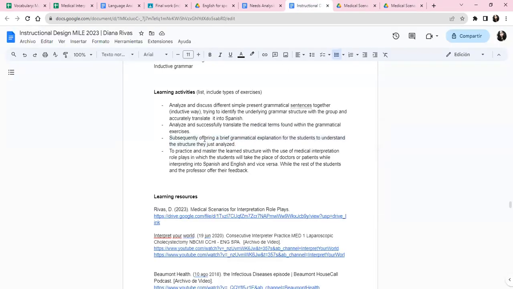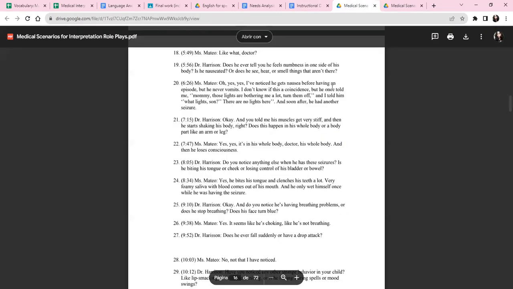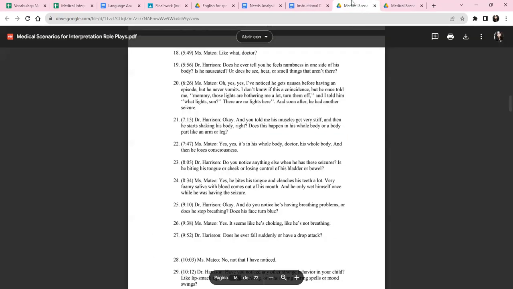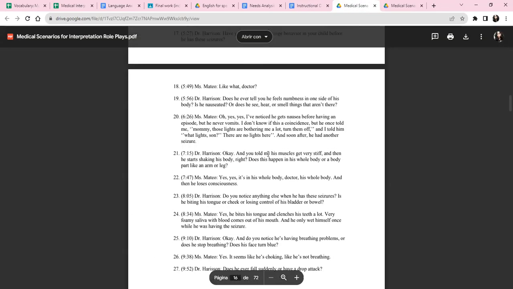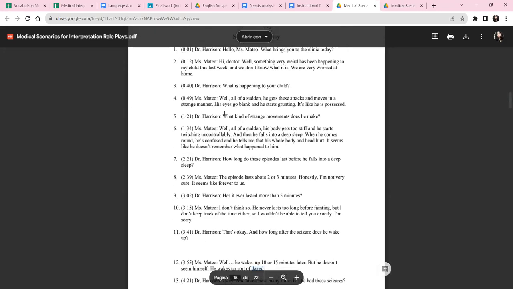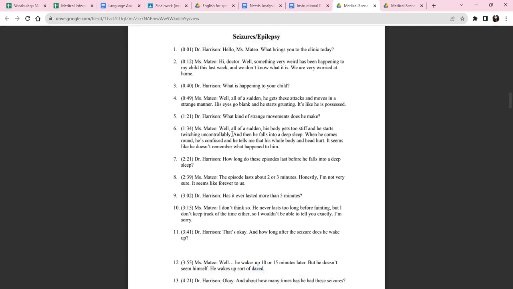And subsequently, we will offer a brief grammatical explanation for the students to understand the structure. This will go after we have internalized the structure of the sentence without any grammatical terms. But then we will offer a brief analysis in order for them to understand what's happening.